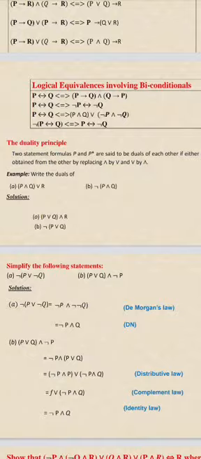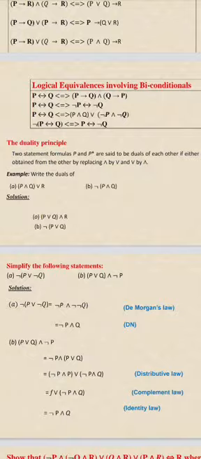The duality principle. Two statement formulas P and P star are said to be duals of each other if either is obtained from the other by replacing and by or and or by and. It is called the duality principle.